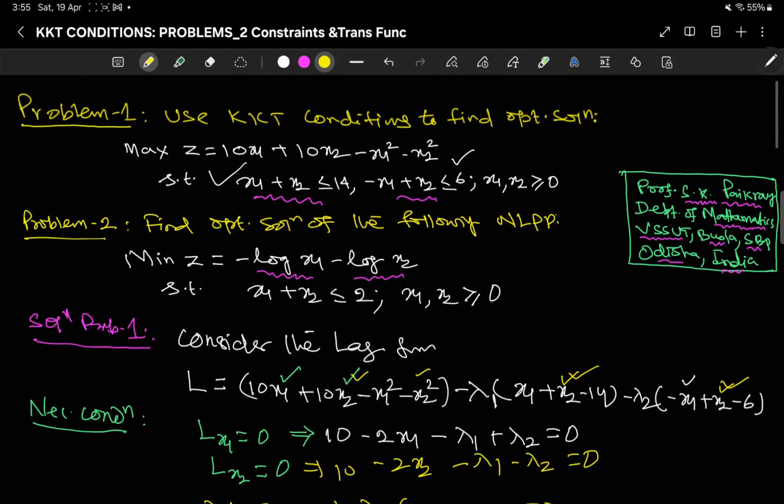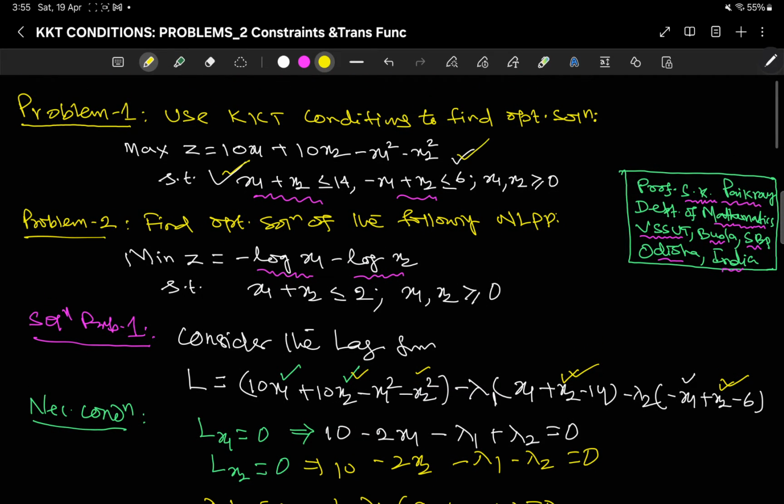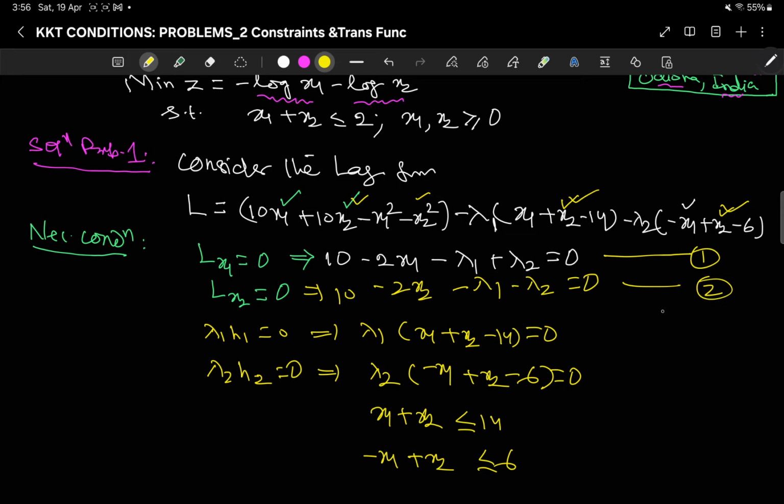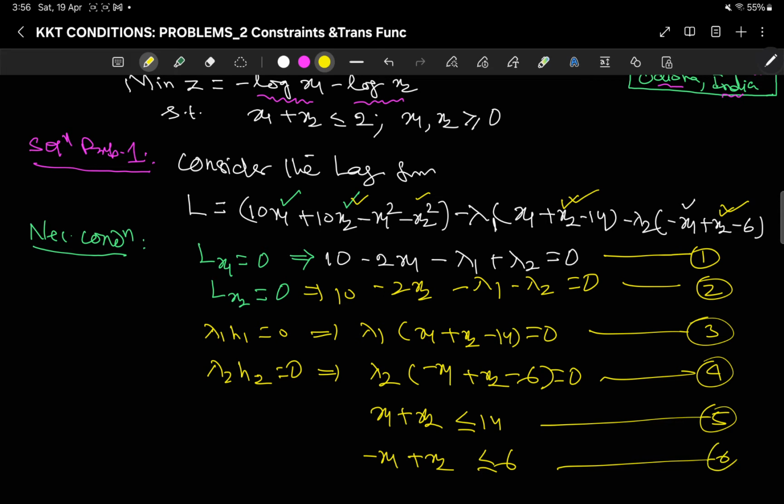Next the given conditions: x1 plus x2 less than or equal to 14, minus x1 plus x2 less than or equal to 6. This is condition 1, condition 2, condition 3, condition 4, condition 5, condition 6.